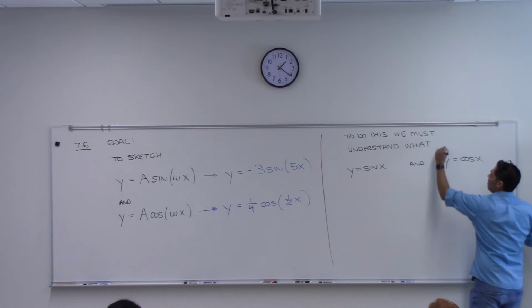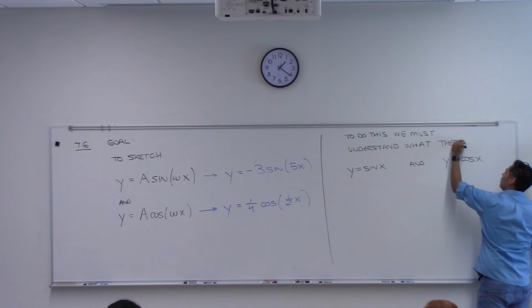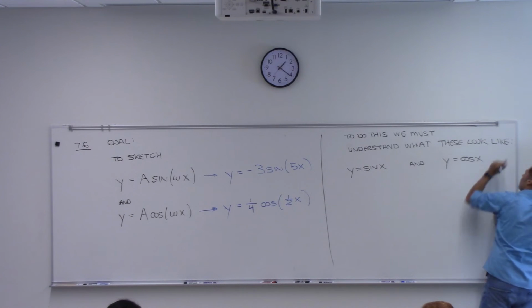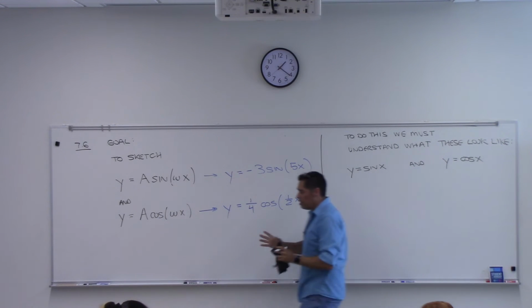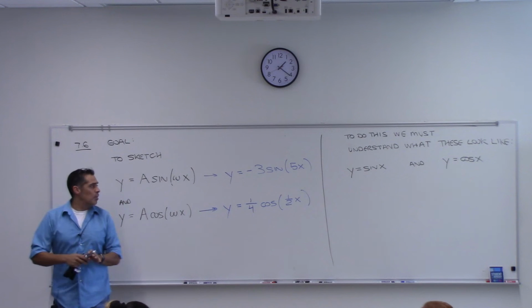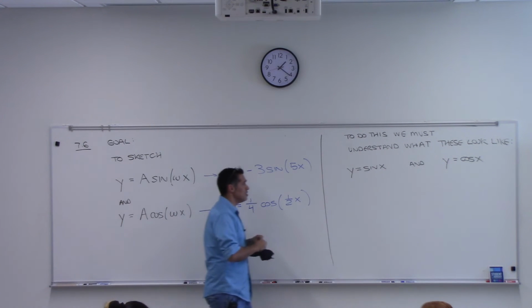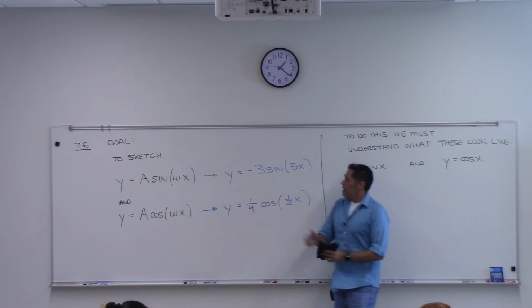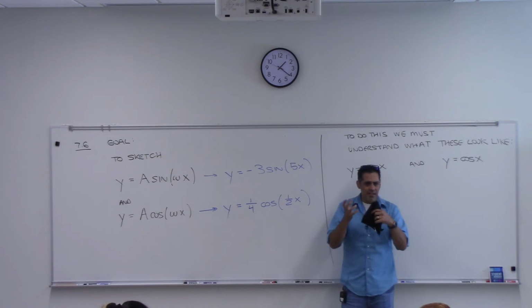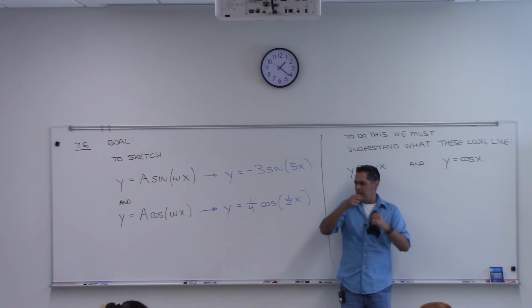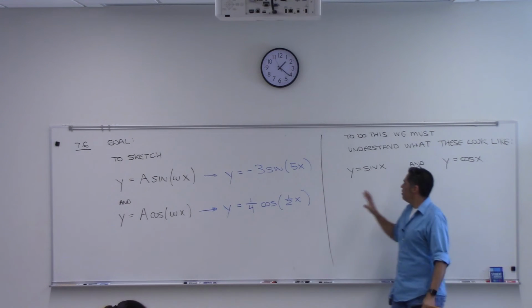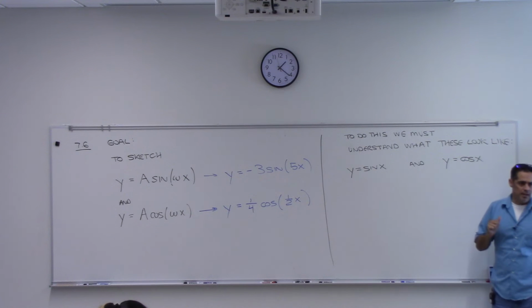We need to understand what these look like. You have to have a very, very good, clear understanding of what the standard sine function looks like and what the standard cosine function looks like. Then these are just some sort of tweaks and adaptations of it: stretching and compressing and moving things around, flipping. But you have to understand what these look like before you can do anything.